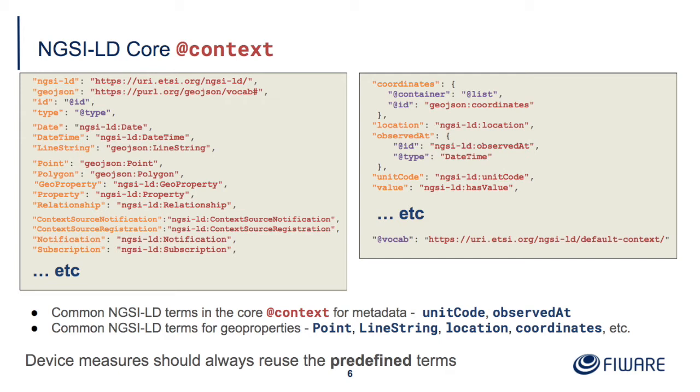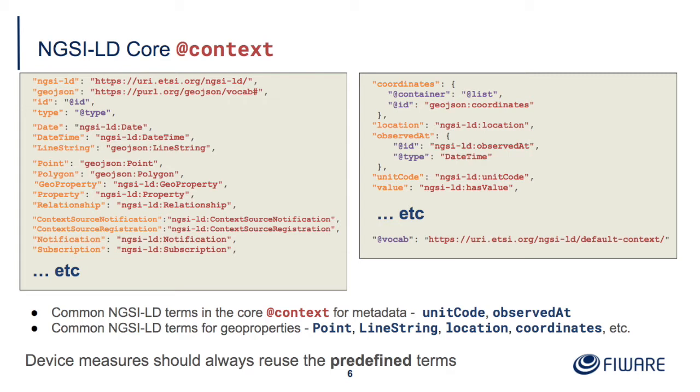Therefore, a point, which is effectively a first term attribute in NGSI, you can use GeoJSON terms directly, is going to be called point. Point is a point. Polygon is a polygon. So these are values which shouldn't be overwritten. Most of them are either defining your structures, or there are things like context source notification, context source registration, which are defining the various operations of NGSI.